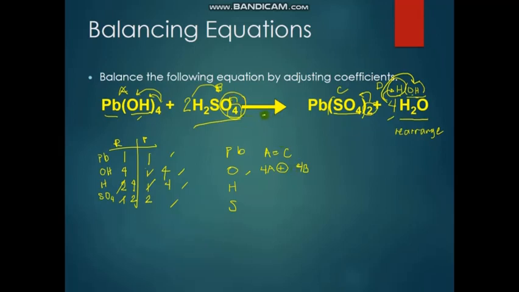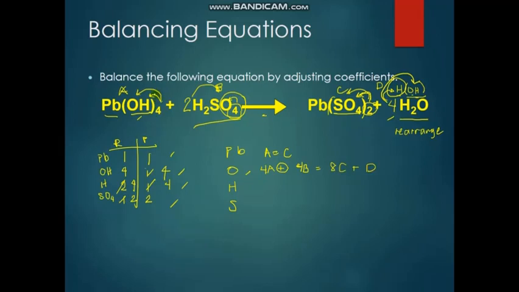Next, we go to the other side of the equation, equal to. So this 2 multiplies both the sulfur and the oxygen. 2 times 4 is 8. So this will become 8C plus, since we only have one oxygen in D, so write D.